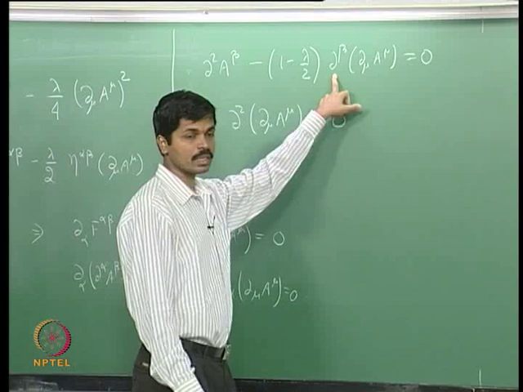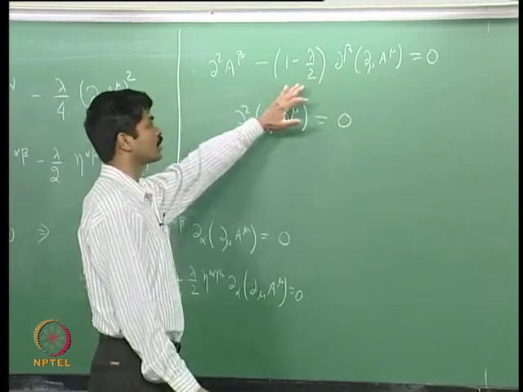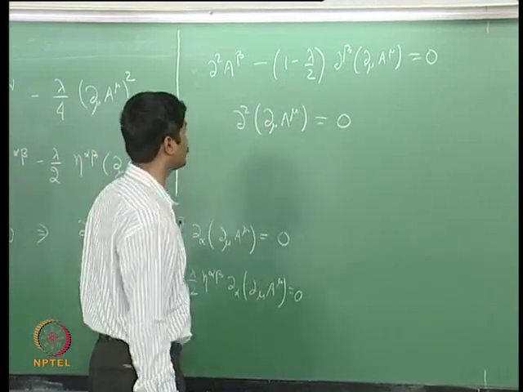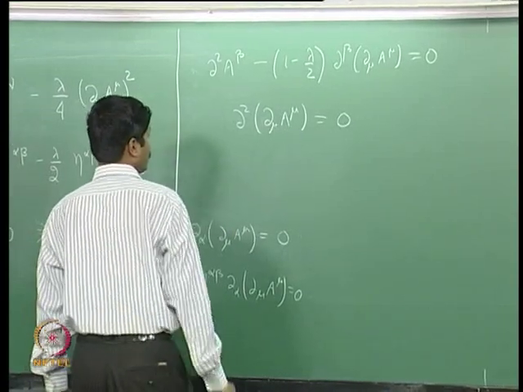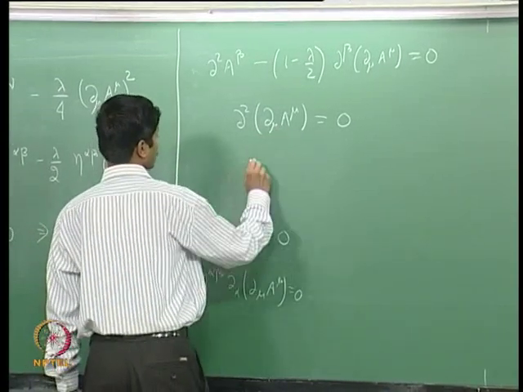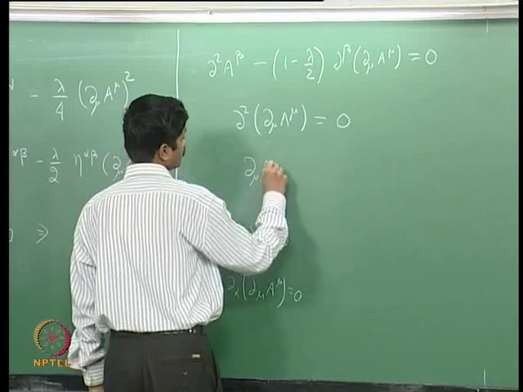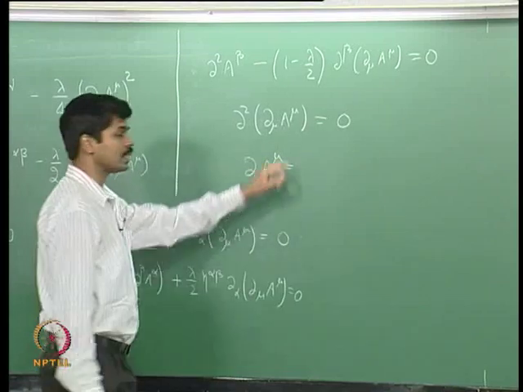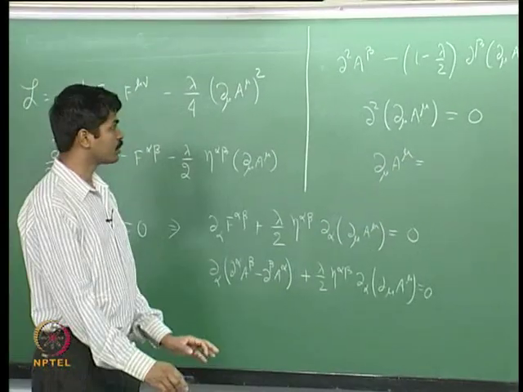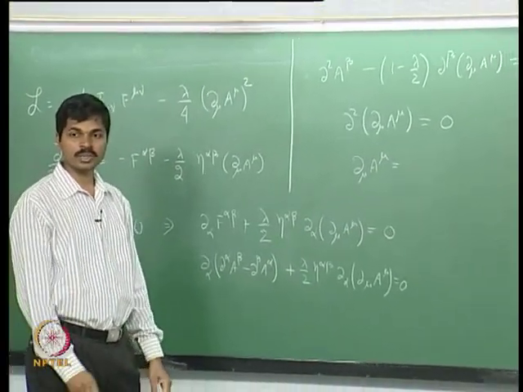Here again you get a del square del mu A mu, and these two terms add, with some common coefficient, apart from that this is 0. So this quantity del mu A mu acts like a free scalar field.